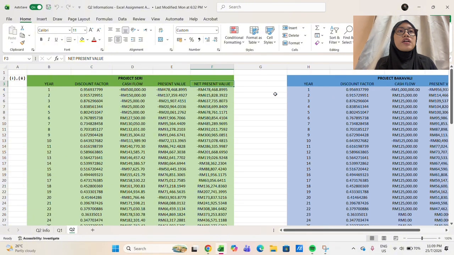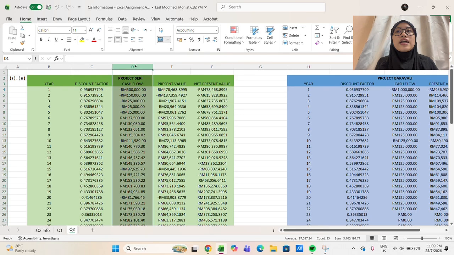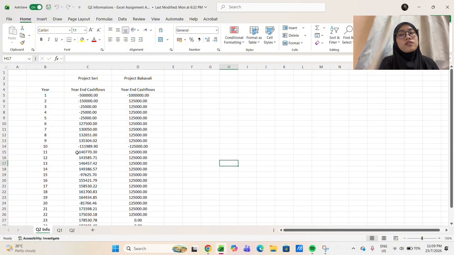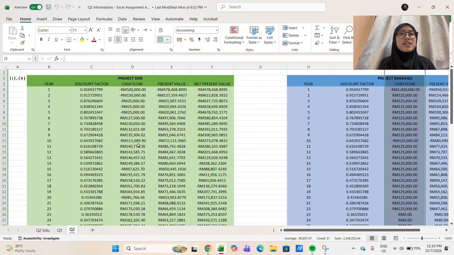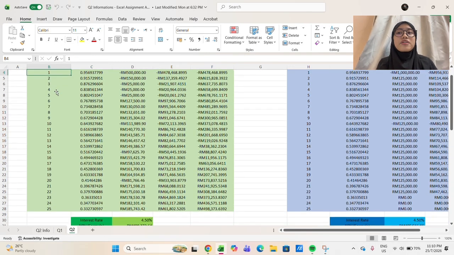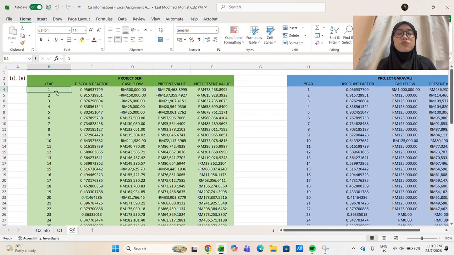For both projects, the cash flow is already given in the question 2 info, provided by our lecturer. Since it's already provided, I will just substitute it into both tables. And for the year, we already have year 1 to year 25.